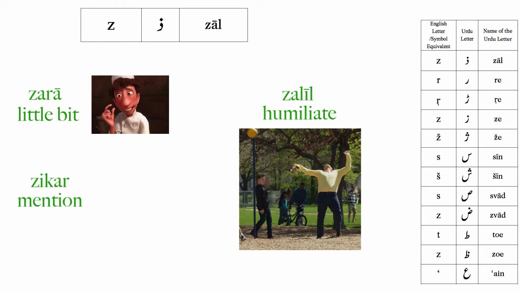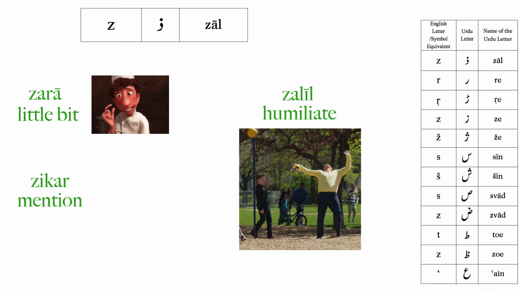For example, the Urdu dictionary that I have only has 2 pages of words that begin with zal, whereas it has 8 pages of words that begin with ze, a letter we'll cover in just a bit. We also have zoy and zoad, which make the Z sound. And I'll share more helpful tips when I get to those letters.